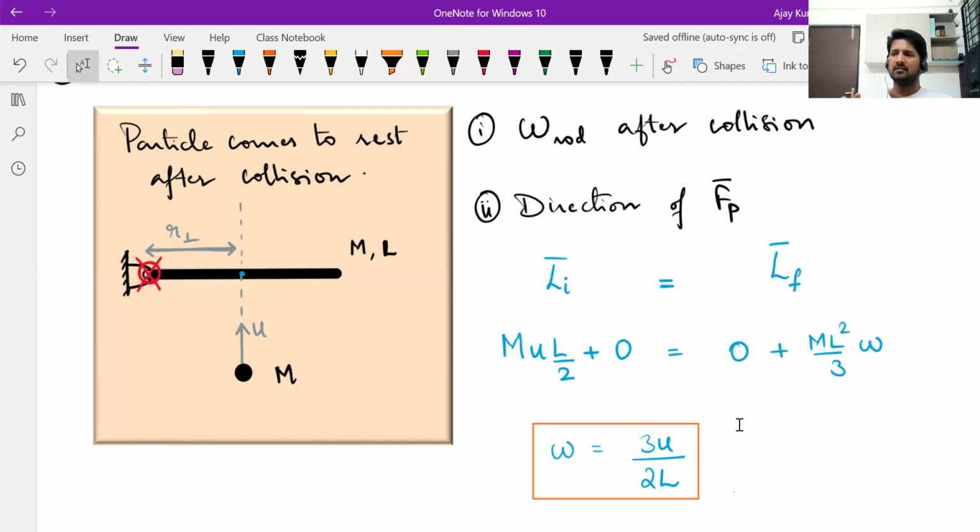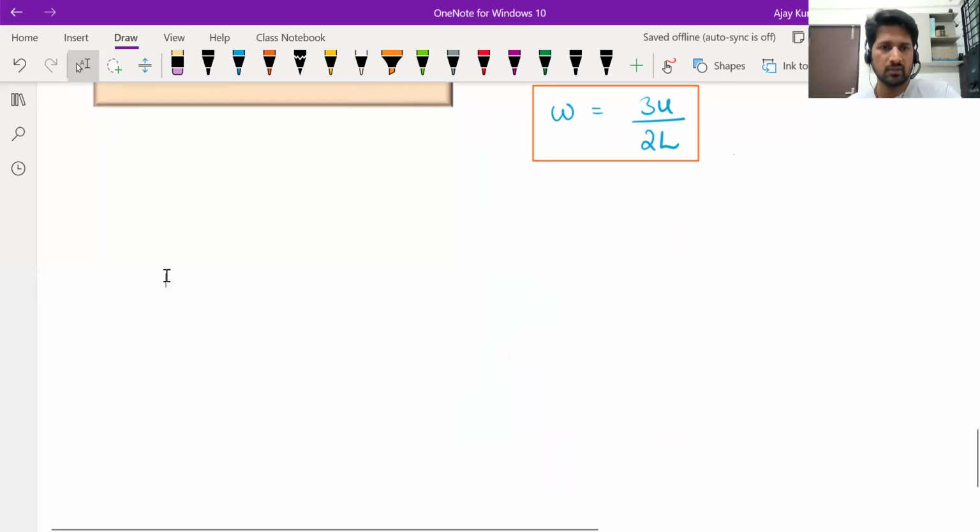Another way is by looking at what happened to the momentum of the system, you can tell in which direction the pivot must have exerted the force. Now we can do it both ways this time. In the previous problem, we used momentum to find the direction of force exerted by the pivot. But in this problem, you can use other methods.